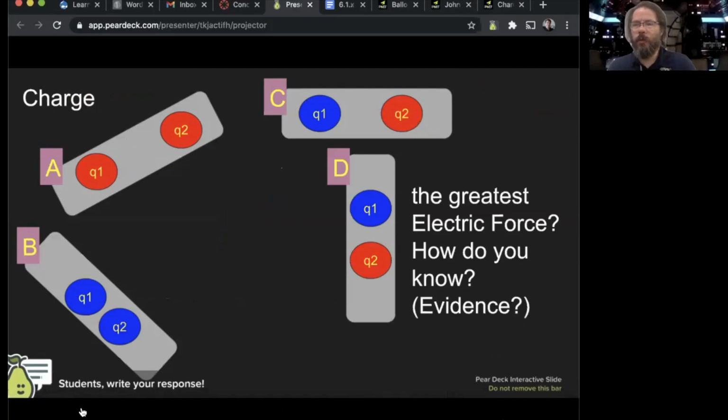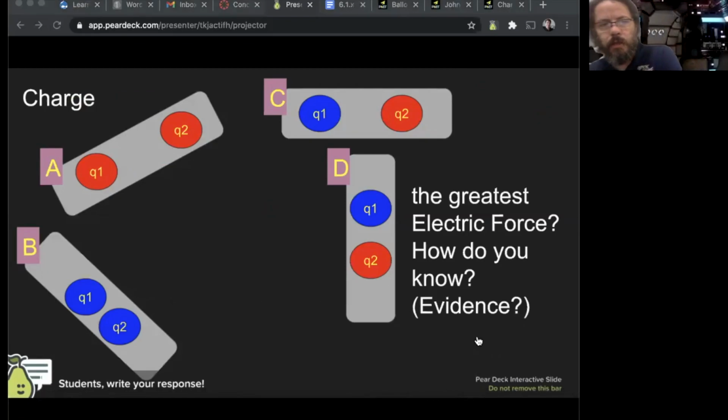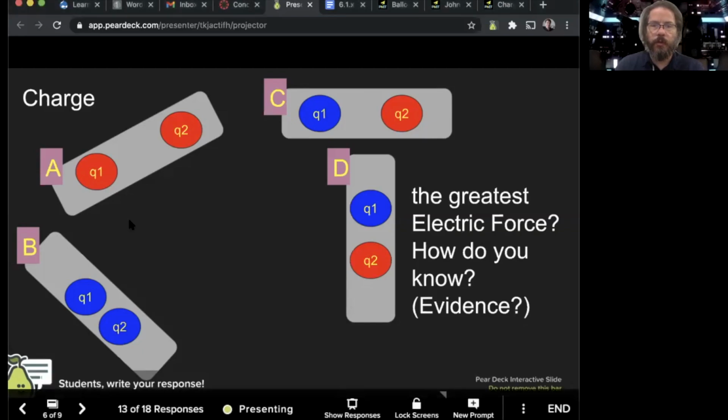Which one has the greater electric force? Remember what we just said: does charge have anything to do with how strong the force is? I'm glad some of you are recognizing opposites attract, like charges repel, but that has nothing to do with the strength of the force.